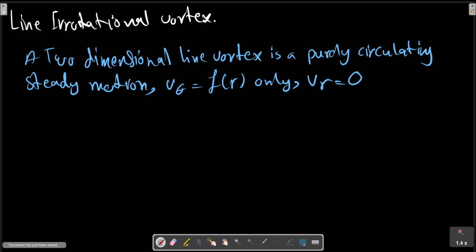This satisfies the continuity equation identically, as can be checked previously or now. We may also note that a variety of velocity distributions satisfy the theta momentum equation of a viscous fluid. We may show as a problem exercise that only one function is irrotational.